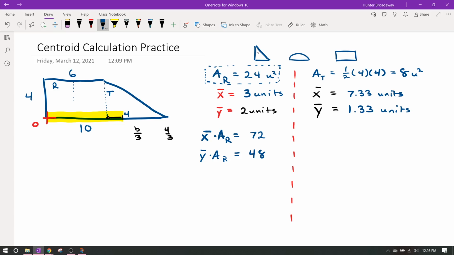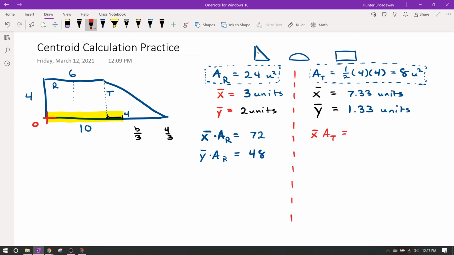On the other side, we're going to do the exact same thing, except the area of our triangle is much, much smaller since it's only 4 by 4. And since it's a triangle, you lose a lot of area in that process. So we're going to do x bar times the area of the triangle this time. I'm going to write A with a little t underneath it for the area of the triangle. So it's going to be 8 times 7.33, and that comes out to be 58 point something. Let's just keep this to the tenths place.